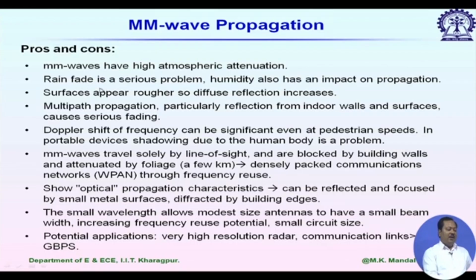Then rain fade is a serious problem. Whenever it is raining in the medium, there will be scattering of microwave or millimeter wave signals by raindrops, and this scattering increases with the droplet size.